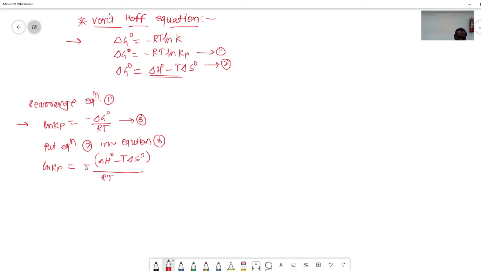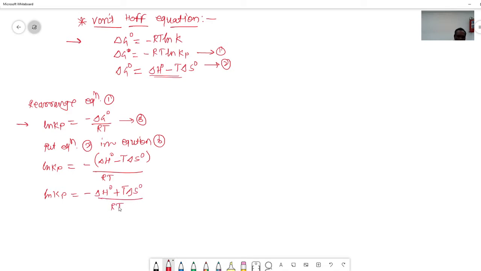Now multiplying by the negative sign, ln Kp is equal to minus delta H0 plus, minus comes out to be plus, T delta S0 divided by RT.